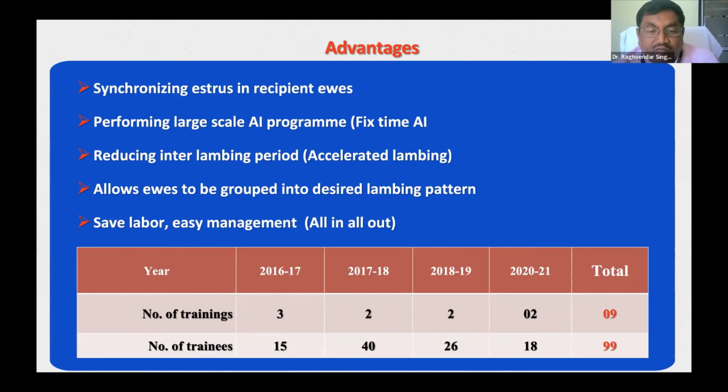See, the training we used to give within the last 2 or 4 years, we have conducted training, and likewise we used to train. So we have a 10 days course for the participants. They can be field veterinarians, livestock assistants, or supervisors, and there are many other faculty who are professionally involved in enhancing sheep reproductive efficiency in field conditions, or people who are rearing sheep, progressive farmers, they can join.